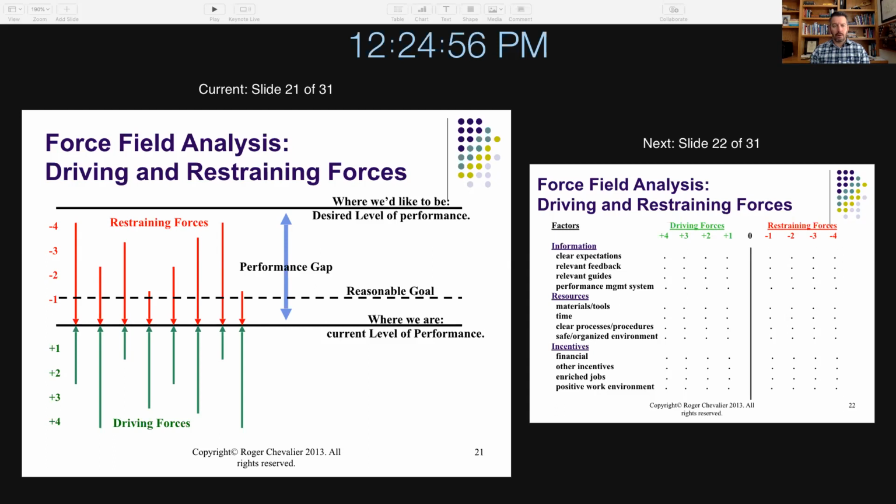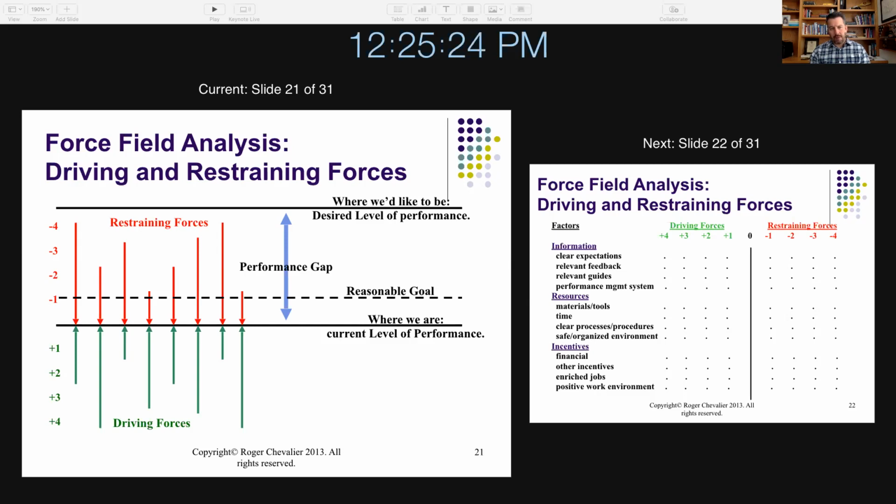The longer the arrow, the greater the force. So if we look at the first arrow, it's a -6 on the negative side, the restraining forces, and we got a positive, like 2.5, it looks like, on the positive side. So right there, you would have a net negative on that. The restraining force is greater than the driving force.